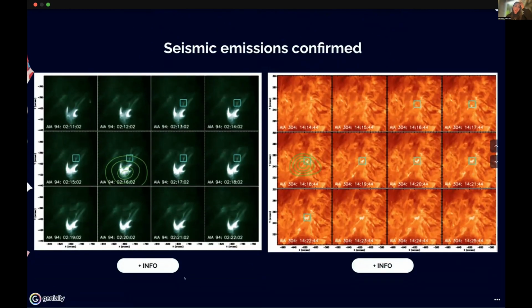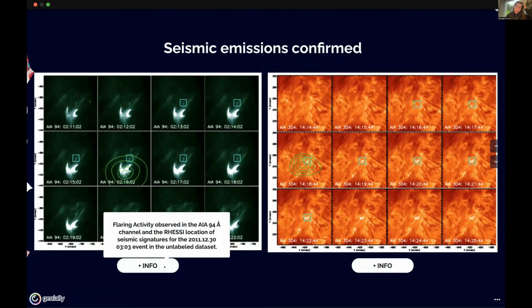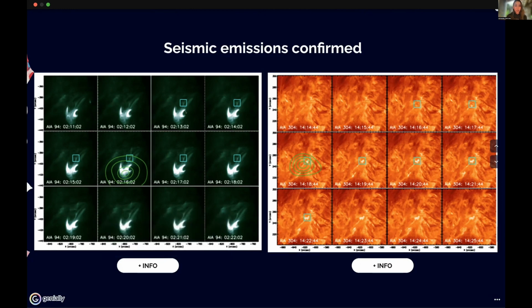So we had two events that were uncertain that we wanted to look at. And after having gone through the process that I just explained, we looked in the IA94 channel and time of our CL and OD predictions. And we have found, in this case, a very weak seismic emission.